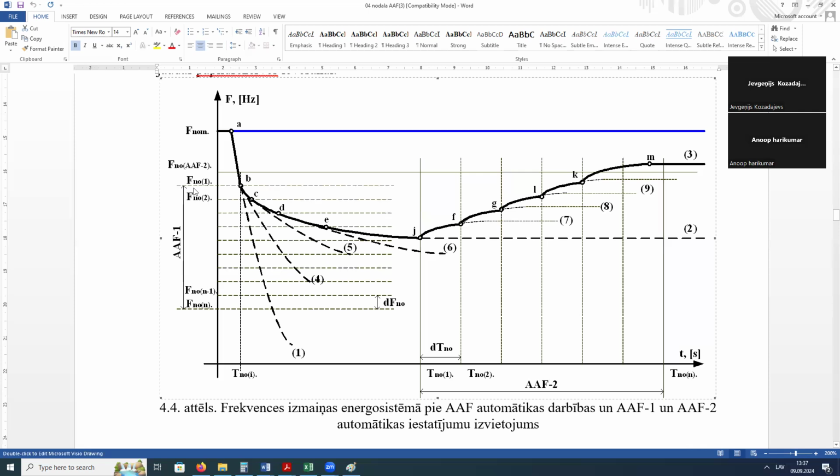What is the idea of such use of load disconnection?